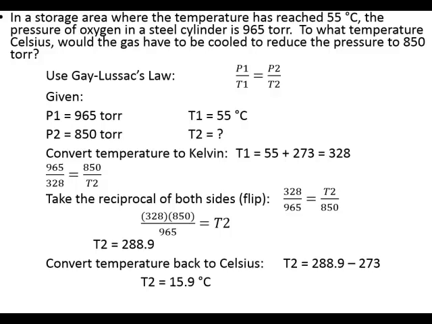So my final temperature is 15.9 degrees Celsius. Let's do a sanity check. I started at 965 torr for my pressure, and it decreased to 850. So my temperature should have also decreased. Sure enough, it matches, and there you have it.